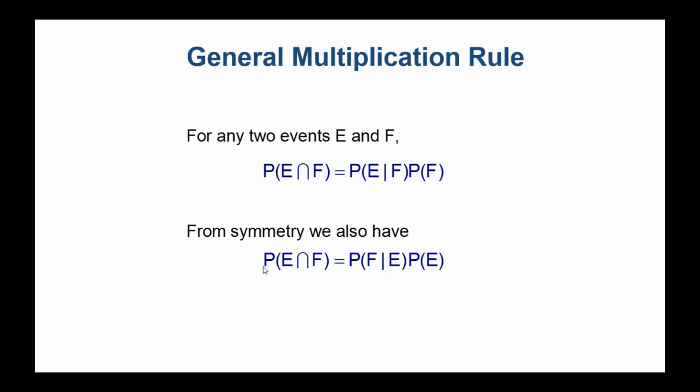If we have any two events E and F, the probability that E and F occur is the probability that E occurs given F times the probability of F. And then due to the probabilities being symmetric, we can also do the probability of F given E times the probability of E. Either one will give us the probability that E and F both occur.